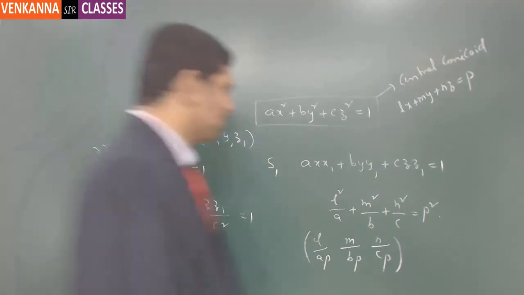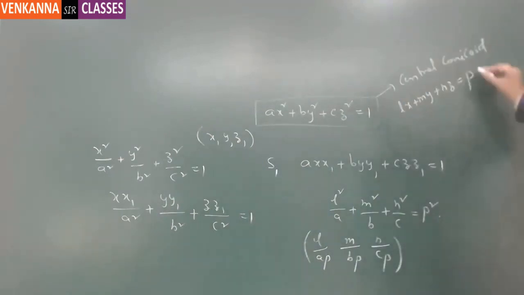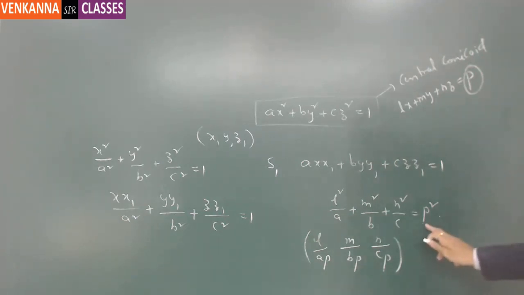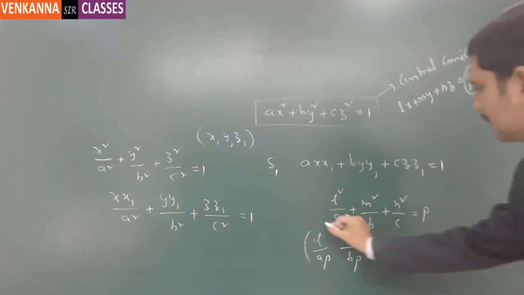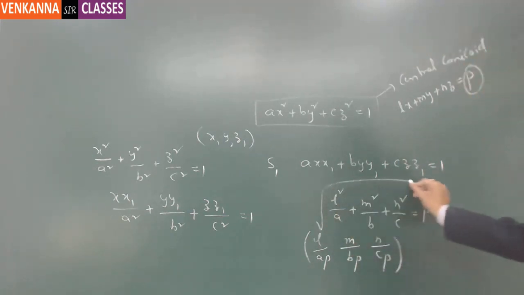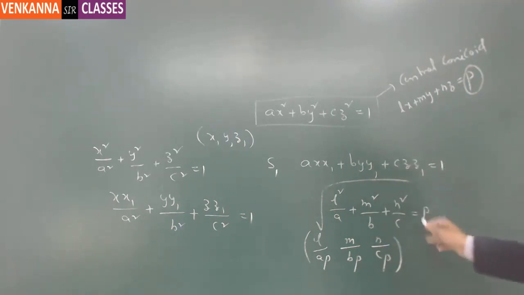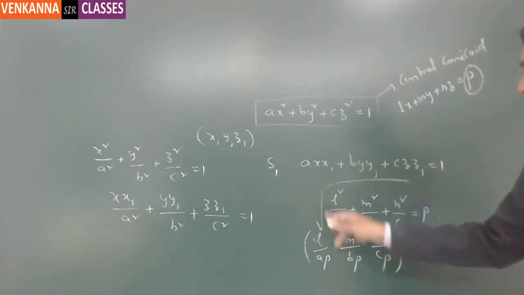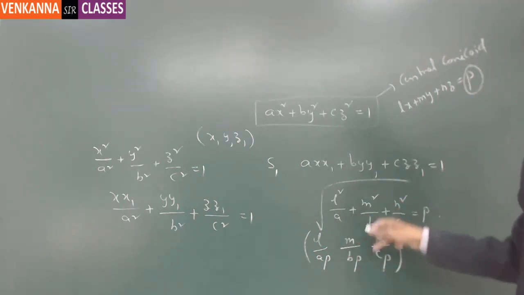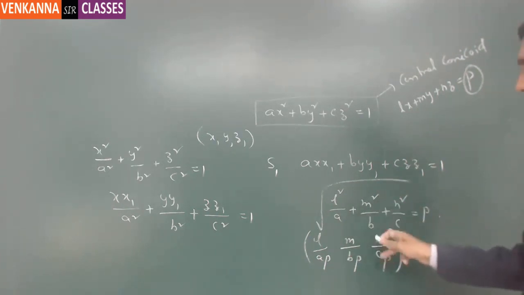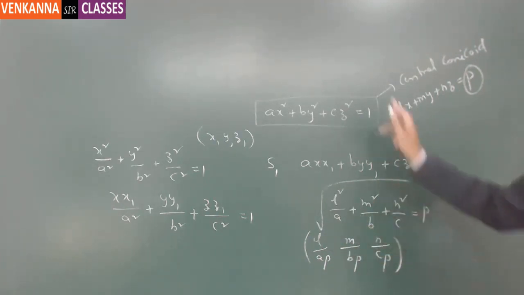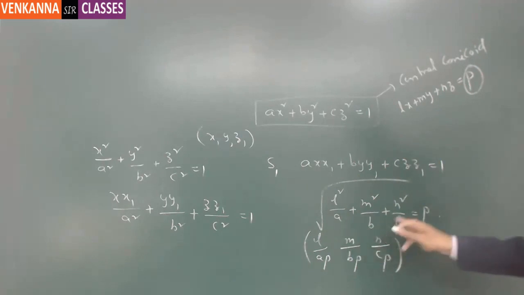And as I mentioned, P is the distance. So from this very notation, we can say that if you want to calculate the distance from the center to the plane, this is the distance value: L square by A plus M square by B plus N square by C.